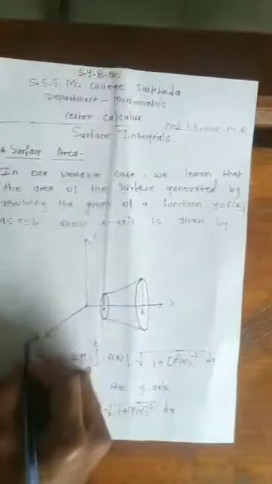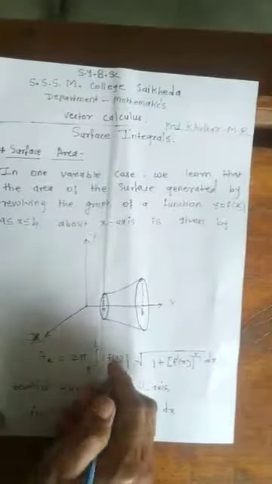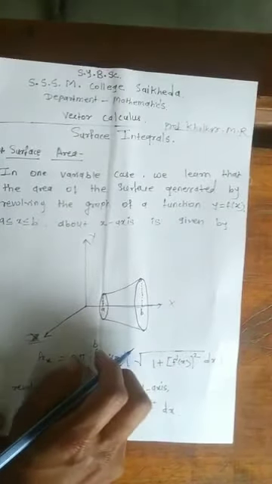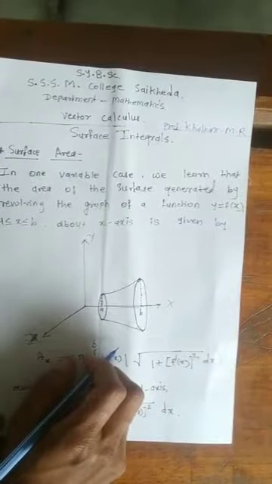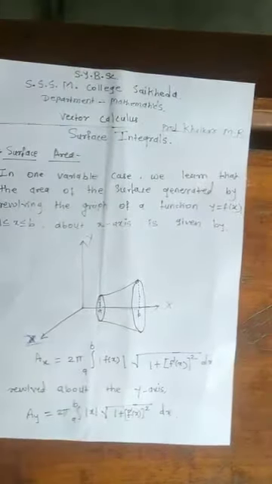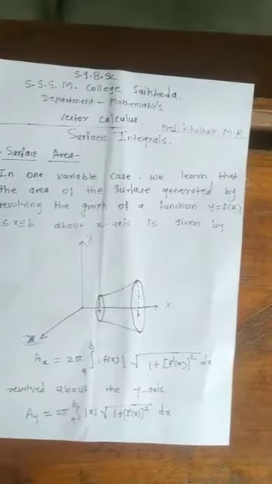This is the area of the surface generated by revolving the graph of the function y is equal to f of x about the x-axis.